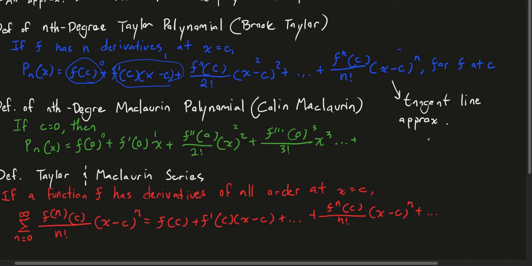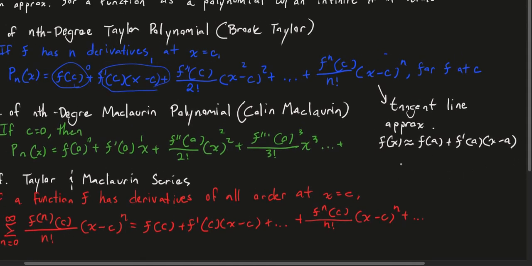And we can see here that f of x roughly equals f of a plus f prime of a times x minus a.